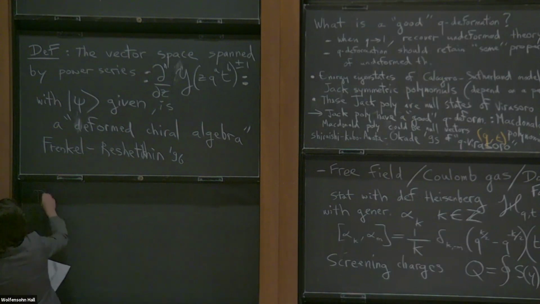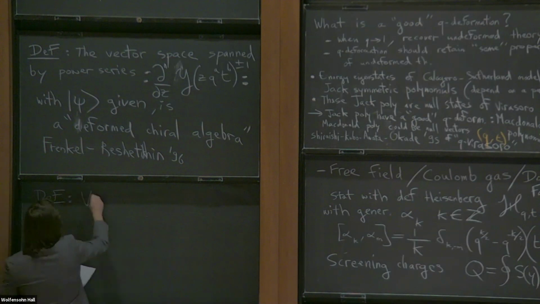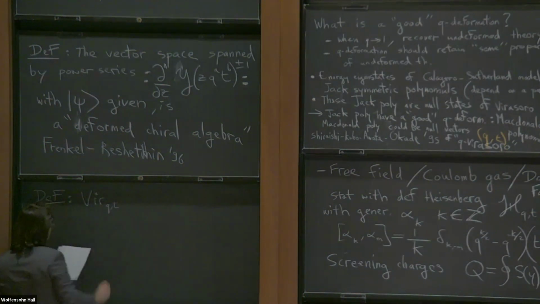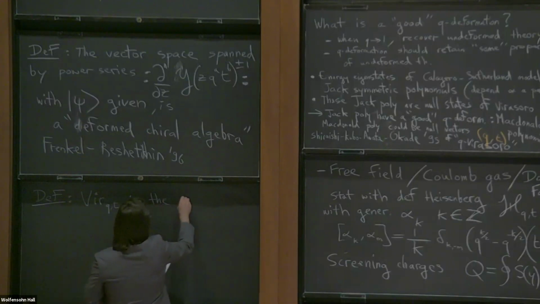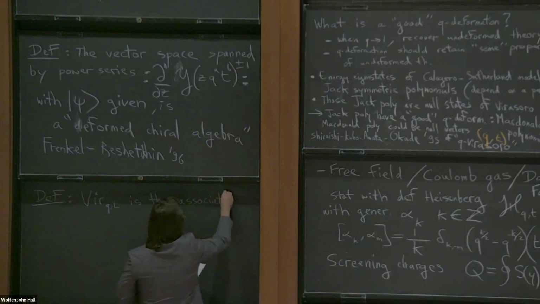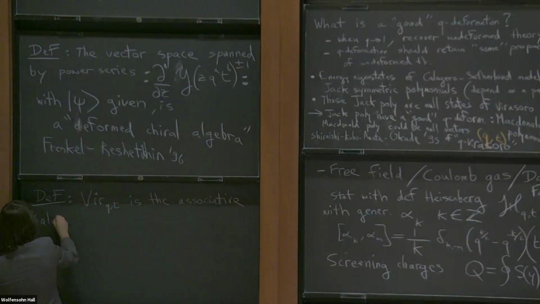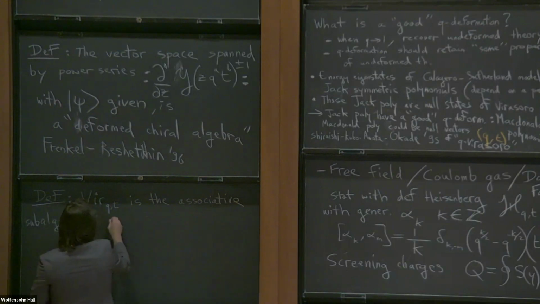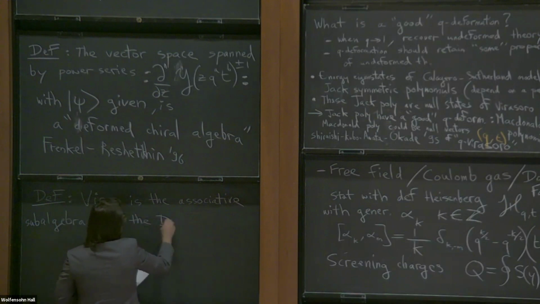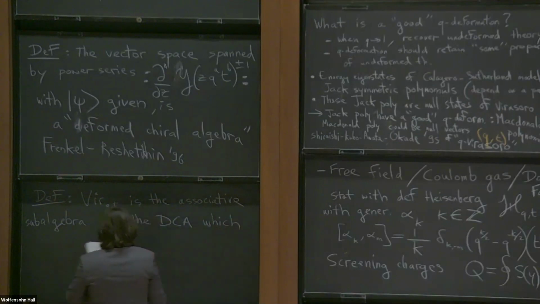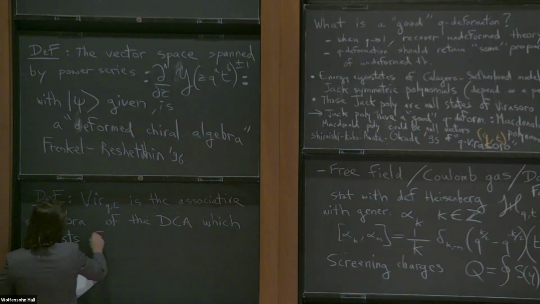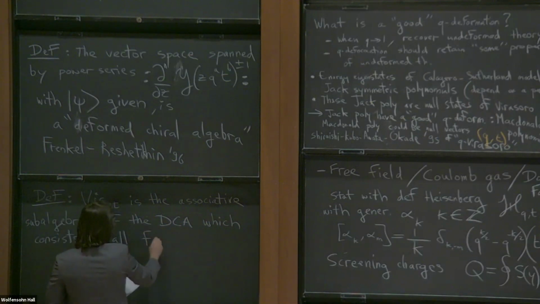And then the definition of q-Virasoro, which I'll call Vir_qt, because it has two deformation parameters, q and t, is the associative subalgebra of the deformed chiral algebra above, which consists of all fields that commute with the central charge.